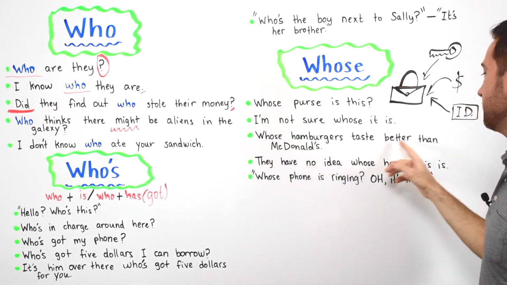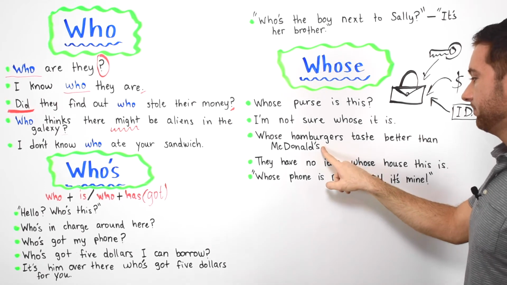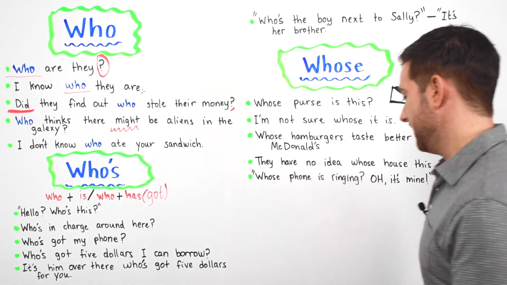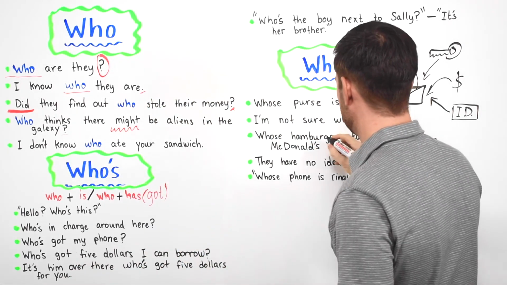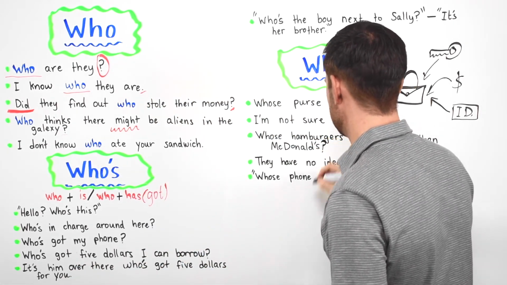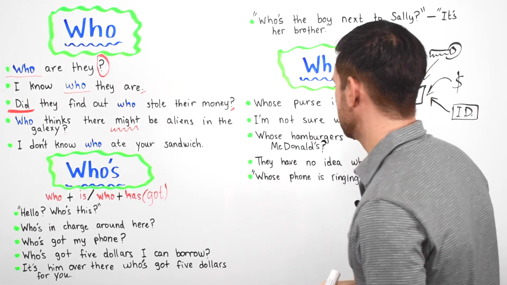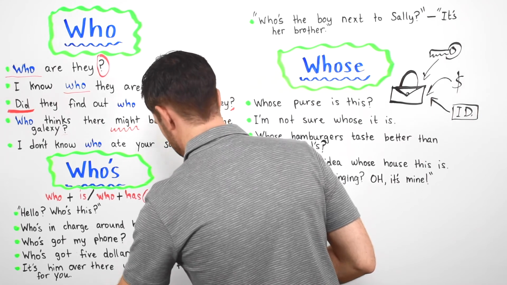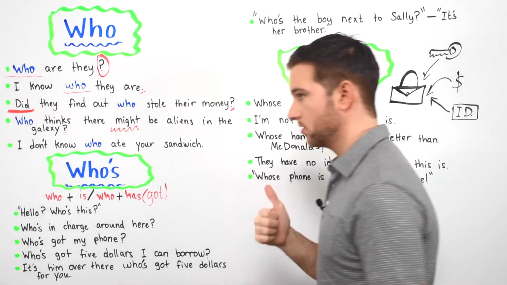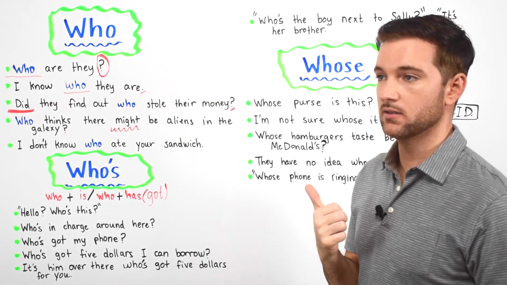Whose hamburger tastes better than McDonald's? Okay, we have an error here actually. My mistake. We need a question mark right here, right? Because we have whose in the beginning. So we say, whose hamburger tastes better than McDonald's? Okay, we're talking about food, so maybe Burger King, maybe In-N-Out.